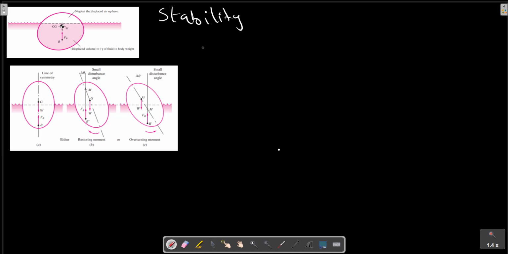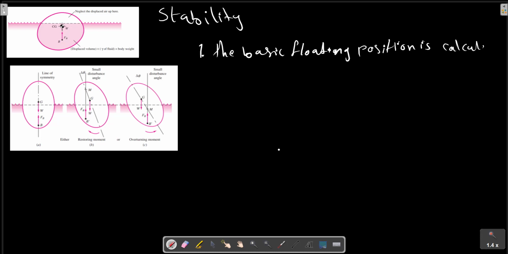The basic floating position is calculated from the equation FB equals gamma times volume.